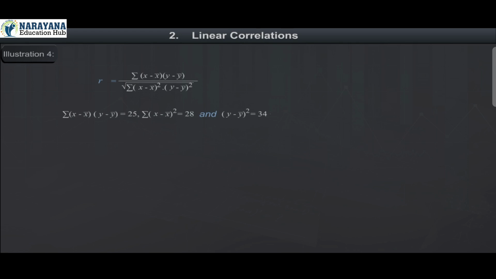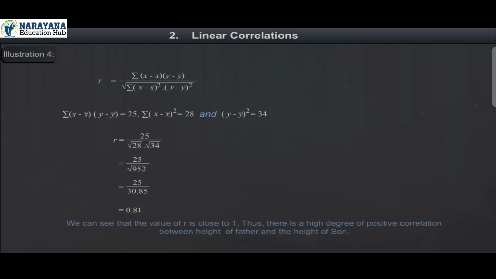Sigma x minus x bar whole square is equal to 28 and sigma y minus y bar whole square is equal to 34. R is equal to 25 divided by under root 28 into under root 34 is equal to 25 divided by under root 952 is equal to 25 divided by 30.85 is equal to 0.81.